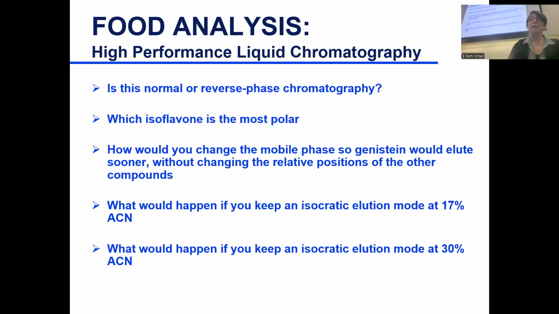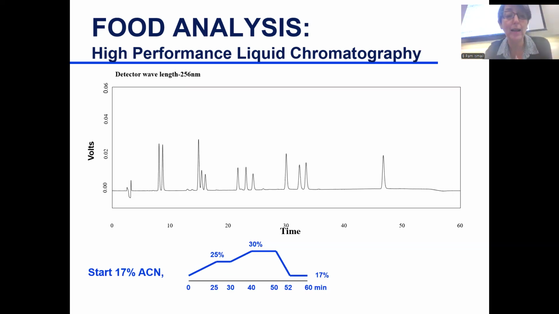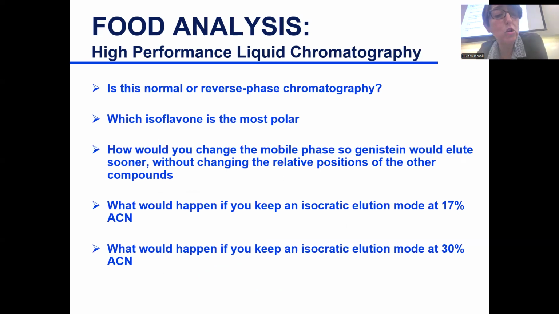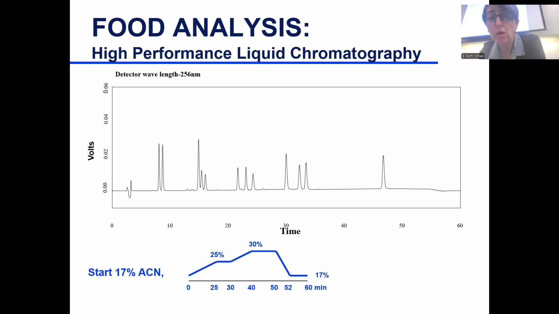How would you change the mobile phase? So the last one over here is genistein. I thought I had this labeled. I don't know what happened. So that genistein would elute sooner without changing the relative positions of the other compounds.